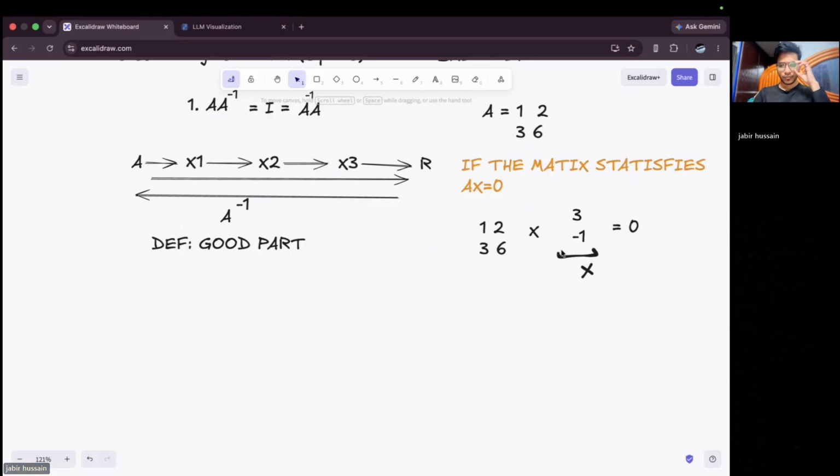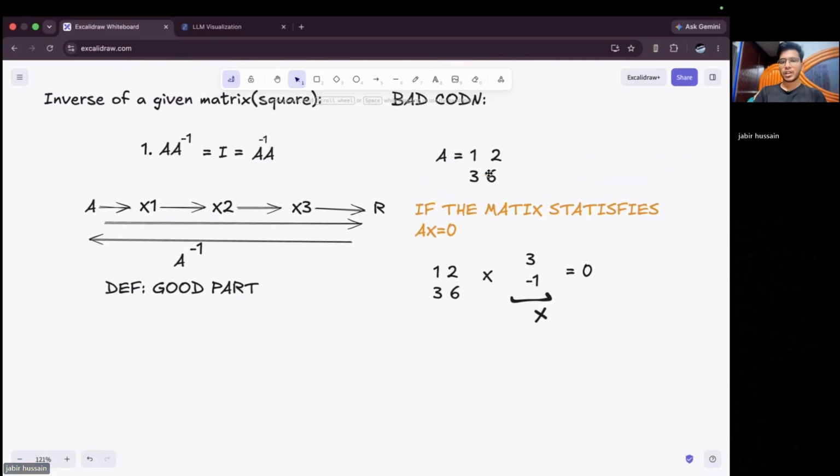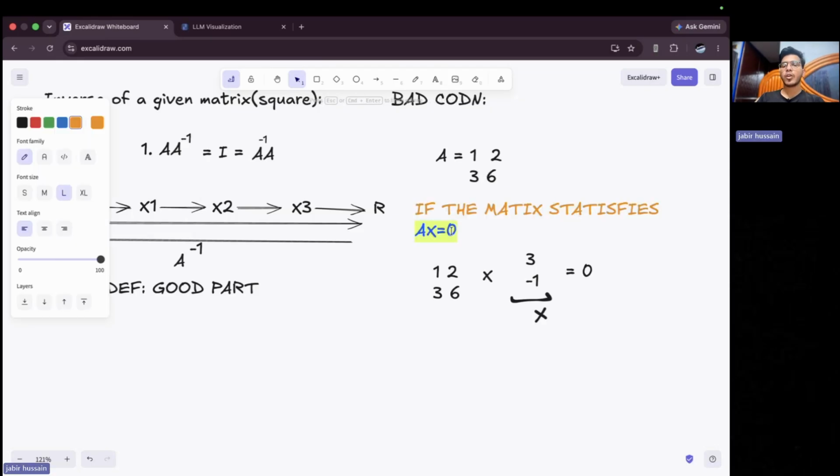Okay, now moving forward, we got this thing. This is the thing I want you guys to remember: how can you tell whether a given matrix has an inverse or not? If you take that matrix and multiply it with some nonzero x and it gives you 0, it means that it does not have an inverse.